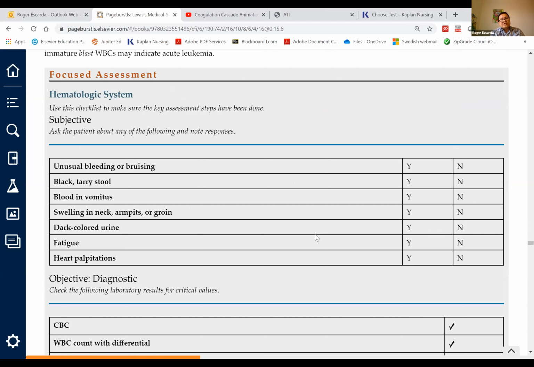Questions in general when you're assessing somebody for hematologic disorders, these will be the questions you'll be asking. It really depends on what the problem is. When their lab work shows either low red blood cells, low platelets, or low white blood cell counts, these would be the questions you'll be asking.